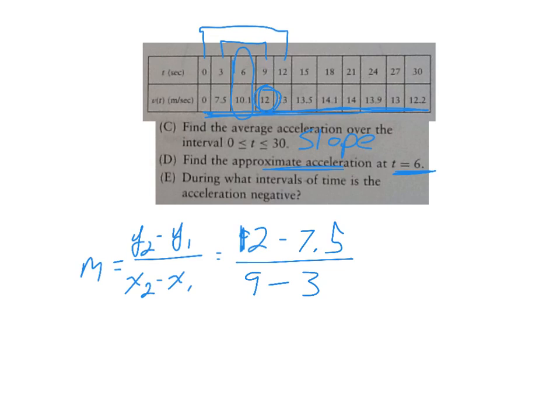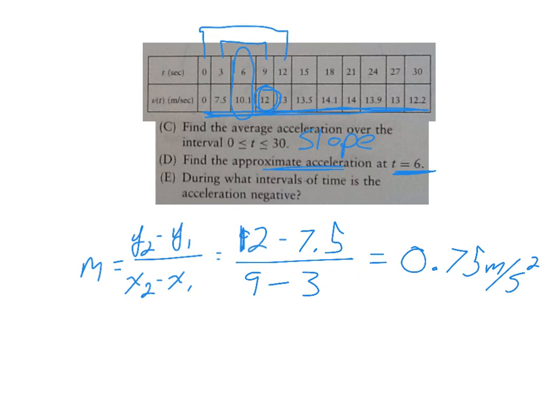The approximate slope at 6 is the slope between 3 and 9, where 6 is the middle. All right, let's punch this into my calculator now. I'm taking 12 minus 7.5, and that's 4.5, and I'm going to divide that by 6, and the approximate acceleration at 6 is 0.75 meters per second squared.